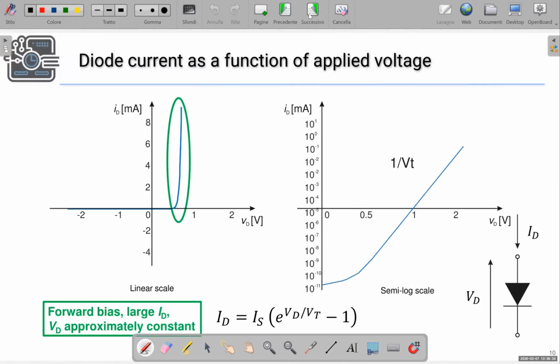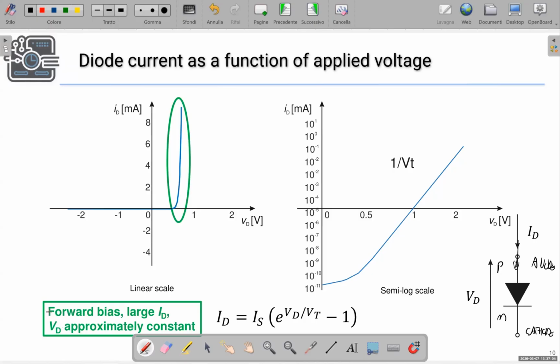On the other hand, when we have current flowing through the device, due to this exponential relation between voltage and current, the current can flow just from the anode to the cathode, from the P side to the N side, and the voltage across the diode remains almost constant.